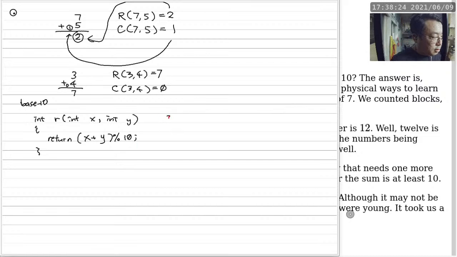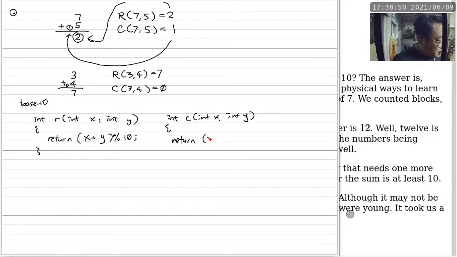And let's just take a look at the C function, the carry function. So we have x, we got y. And remember, x and y are supposed to be single digits in base 10. So now we're going to say return, and I'm going to use a ternary operator. You guys will find that I really like to use ternary operators whenever possible.